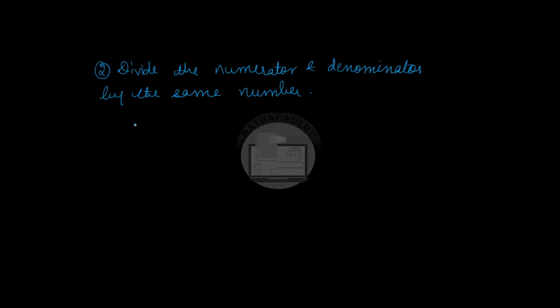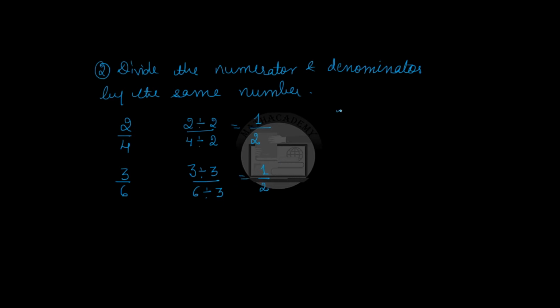Suppose we have a fraction, say 2/4. Now, if I divide the numerator by 2 and the denominator by 2, my fraction remains unchanged and I get 2 divided by 2 as 1, 4 divided by 2 as 2. If I have a fraction 3 over 6, if I divide the numerator by 3 and the denominator by 3, I'll get 1 over 2.